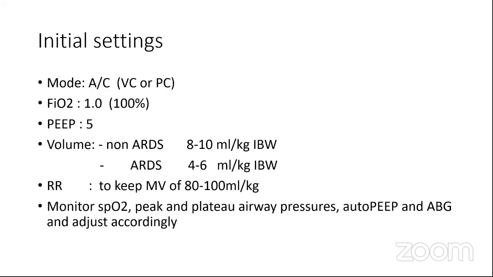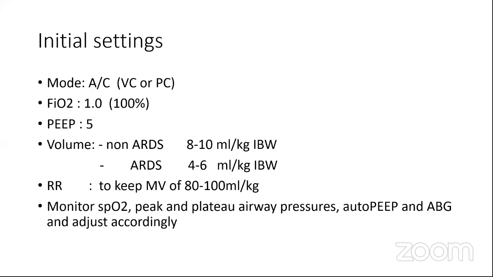Most of the time, you would start with a minimal PEEP, and PEEP is the positive end expiratory pressure, or the lowest pressure that happens during the end expiration or in the whole respiratory cycle. So 5 is generally considered as minimal. Most ARDS patients would need higher PEEPs than this, but most of the time you start on 5 and then you increase it as the patient needs.